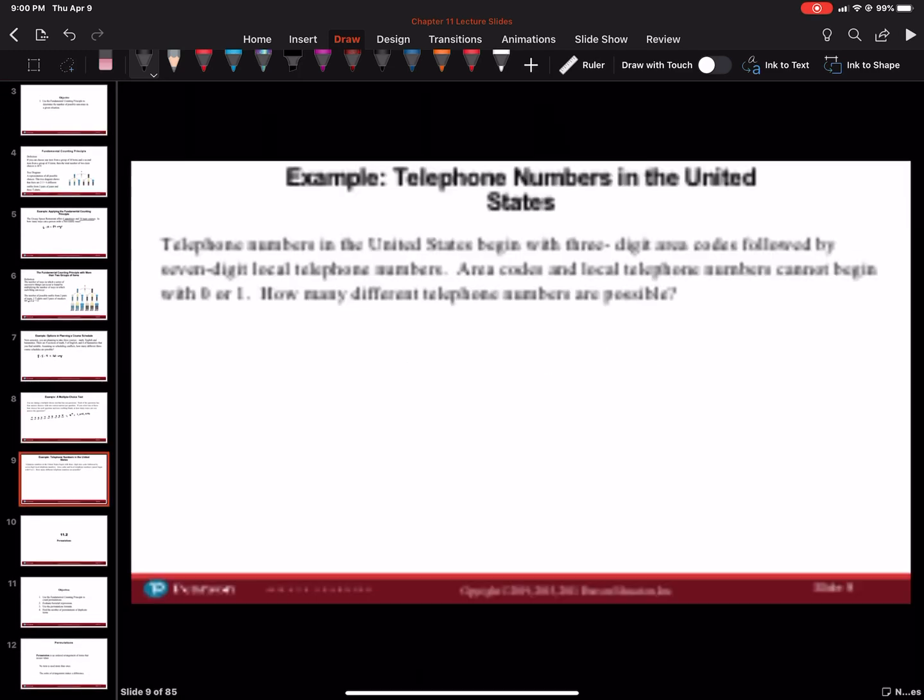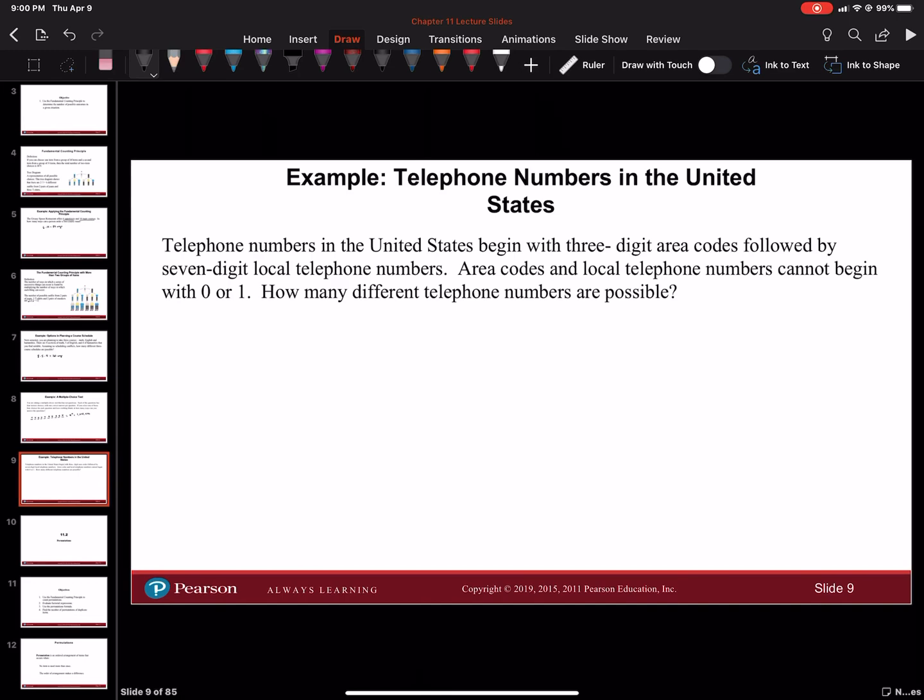Let's look at this question. It says, telephone numbers in the United States begin with 3 digits, area codes, followed by 7-digit local numbers. Area codes and local numbers cannot begin with 0 or 1. How many different telephone numbers are possible?